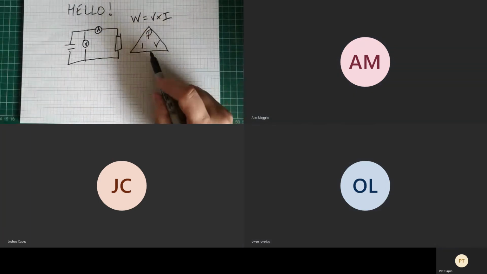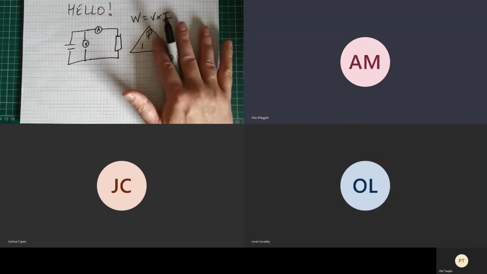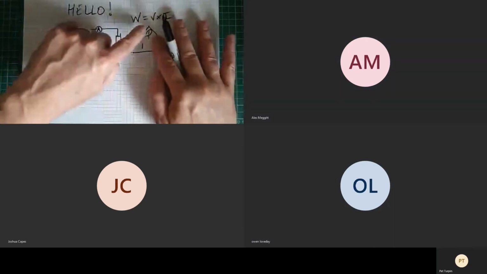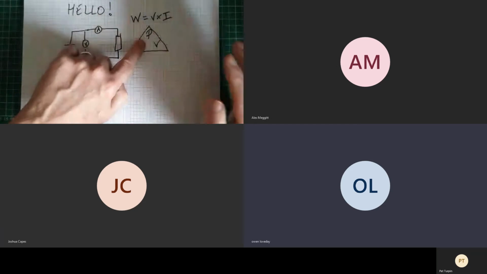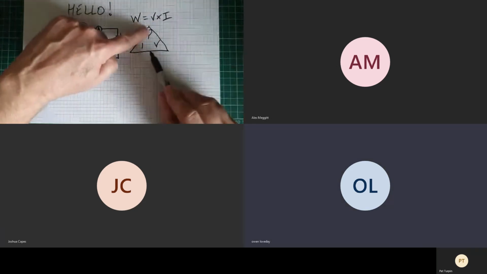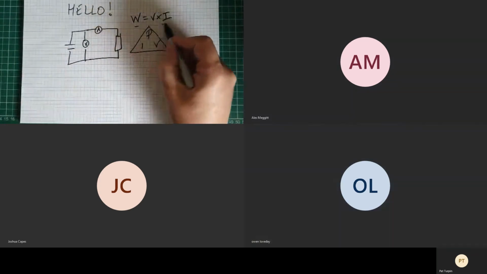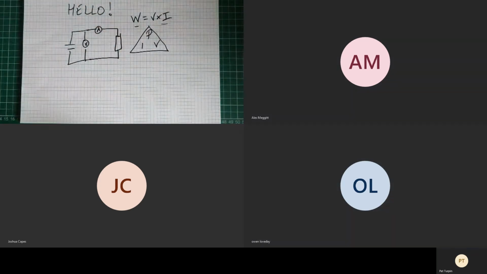So with the triangle, whichever answer you want, you block out the answer you want, and that gives you the other. So voltage is power over current. Current is power over voltage. Power is current times the voltage, or watts equals volts times amps. So it's not a difficult question, this one, actually.